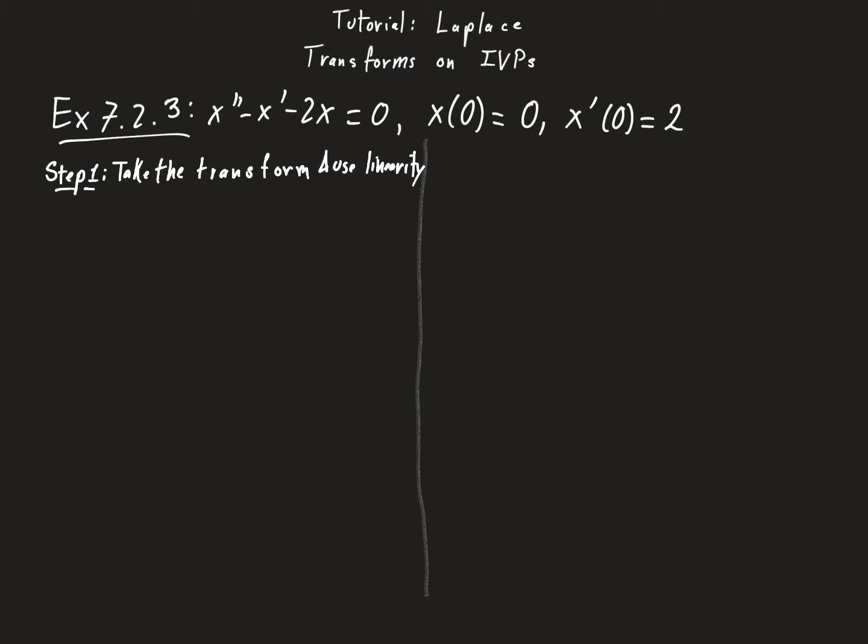I mean that we're going to take the Laplace transform of both sides, so that we get that the Laplace transform of x double prime minus x prime minus 2x is equal to the Laplace transform of 0. Now, of course, the Laplace transform of 0 is equal to 0.